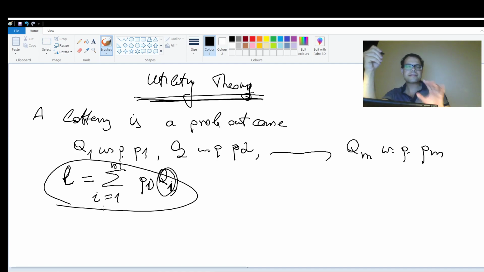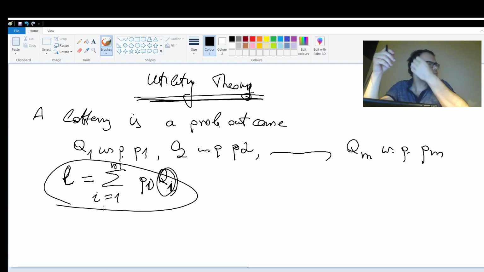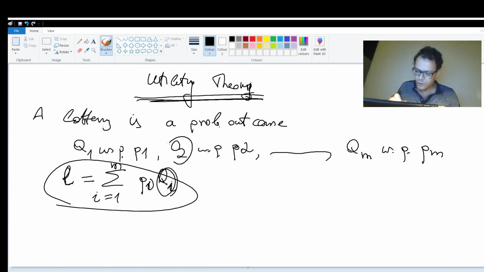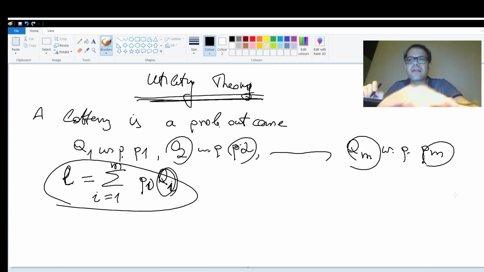So a lottery is a certain situation when you know that you get O1 with probability P1, O2 with probability P2, and OM with probability PM. That's a definition of a lottery, of what can happen.